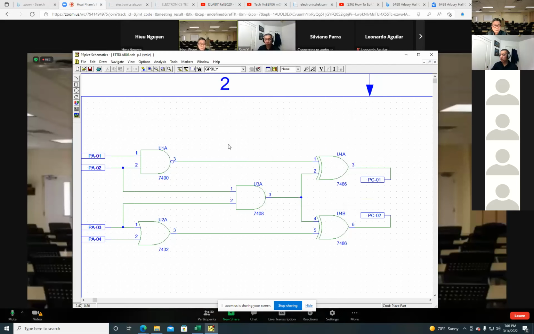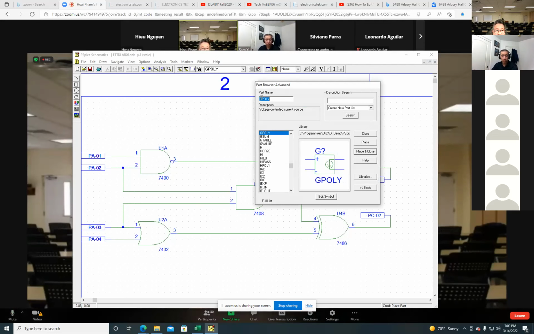Okay, you draw this circuitry, right? Now you're done drawing this circuitry. You need one file. That's what they call include. Go to draw, get the include. Take it out. Place it.